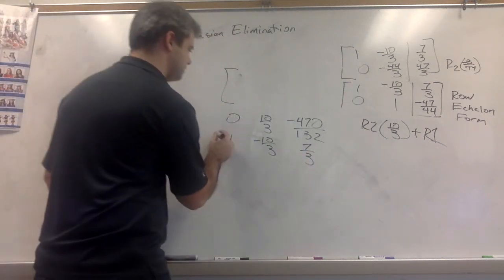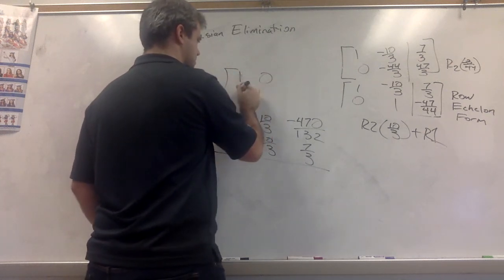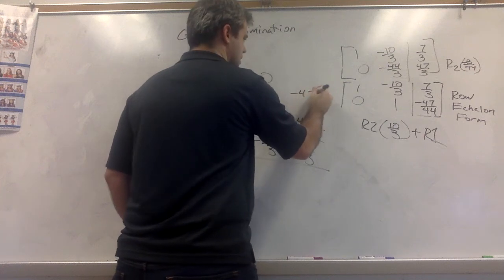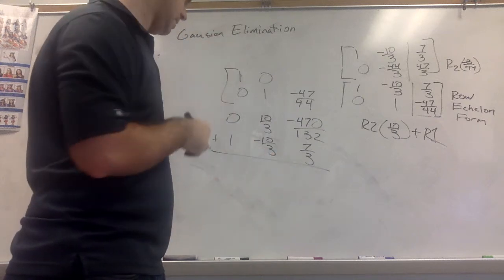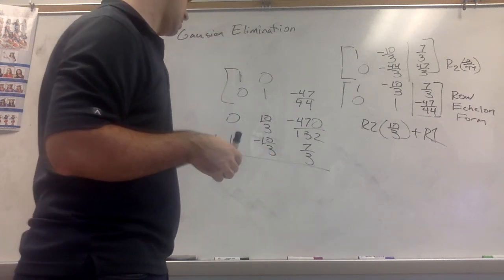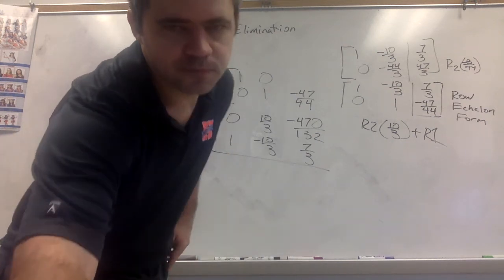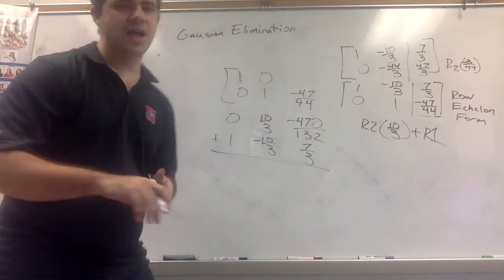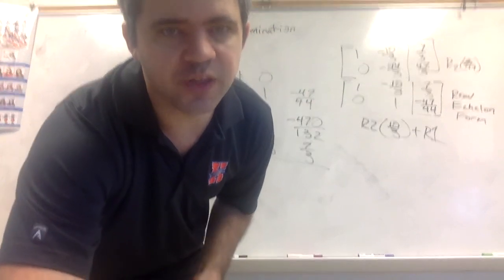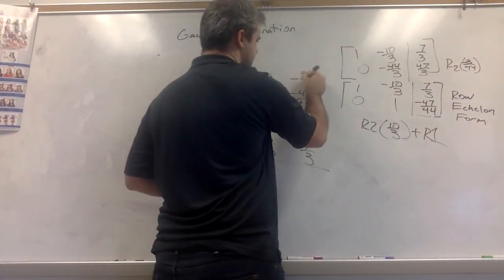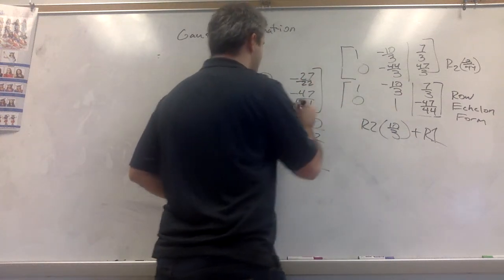So this is 1, 0. And then let me think about what this is real quick. Okay, I looked it up real quick, and the value is negative 27 over 22.